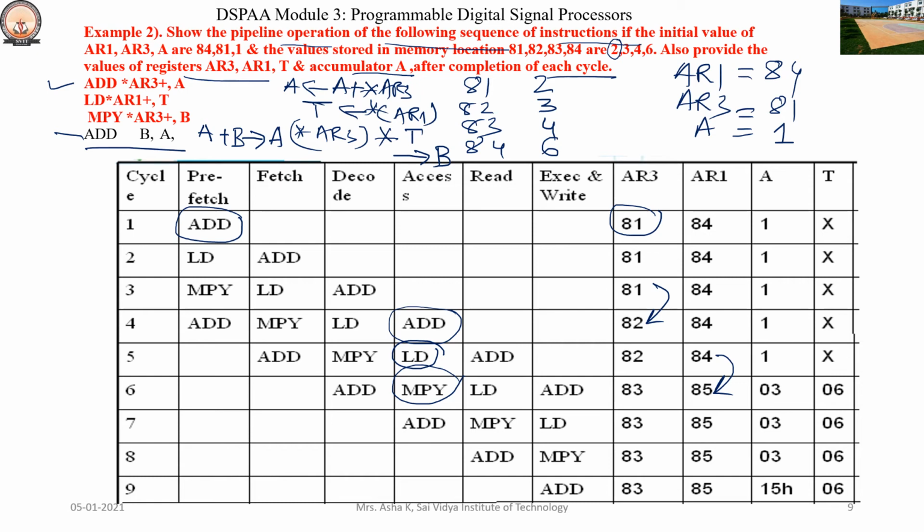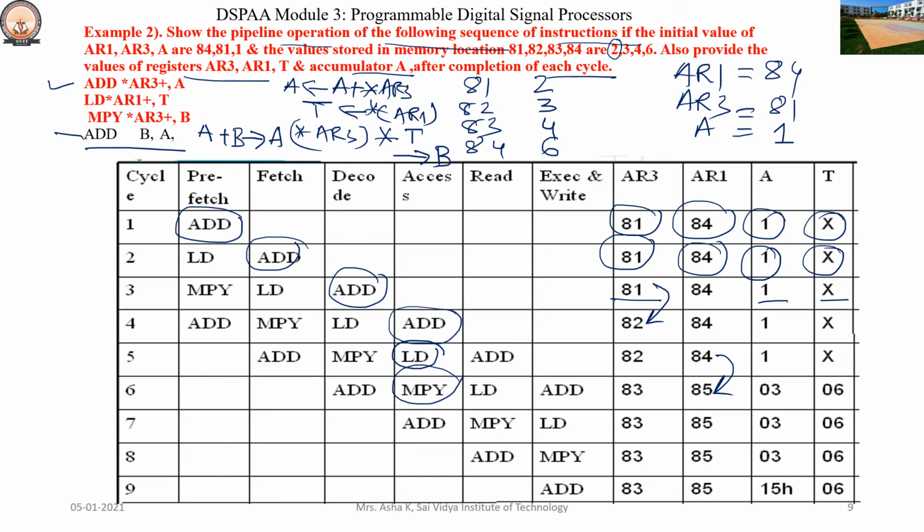Similarly, when add comes to the fetch phase, there are no changes in AR3, AR1 and the accumulator, and initially the temporary register value is don't care. When it comes to the decode phase, there is also no change in the auxiliary registers, the accumulator or the temporary register.